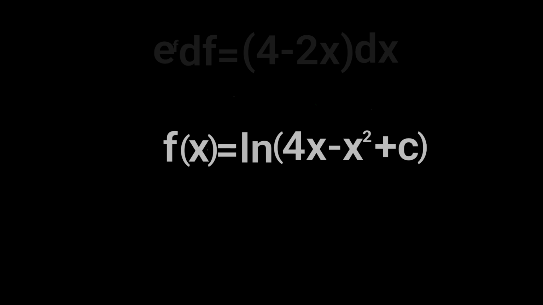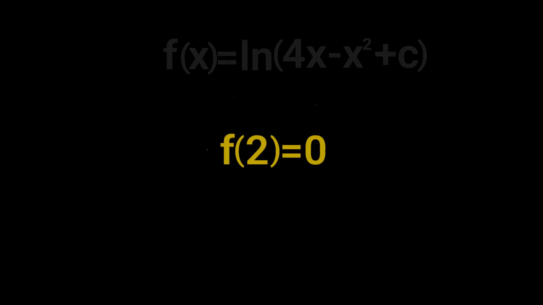Now, in order to solve for c, we're going to use our initial condition, that is f of 2 equals 0. F equals 0, x equals 2. Those are the values that we're going to plug in in order to solve for c.